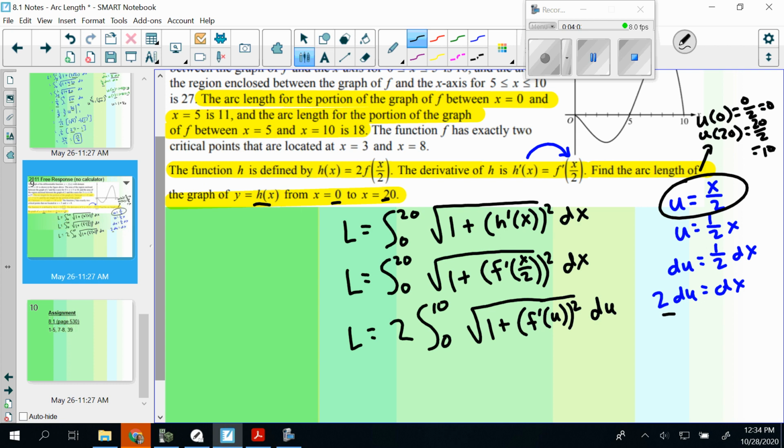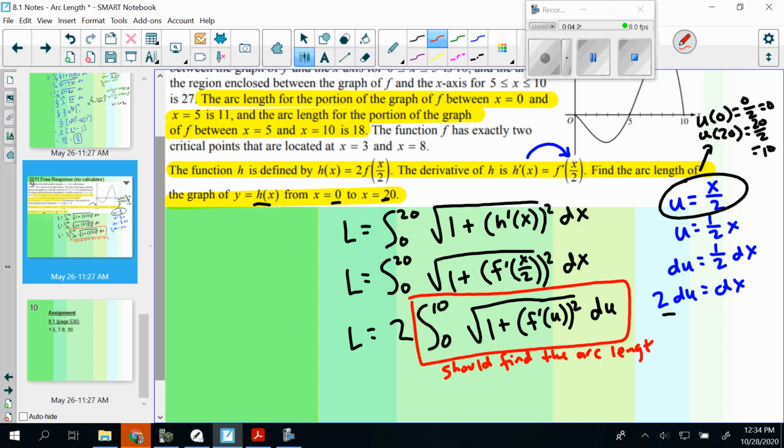Okay, so next now, let's find that out. This right here now, this statement, because it's just f now, this should find the arc length here from 0 to 10.